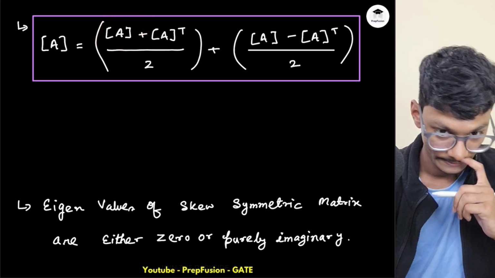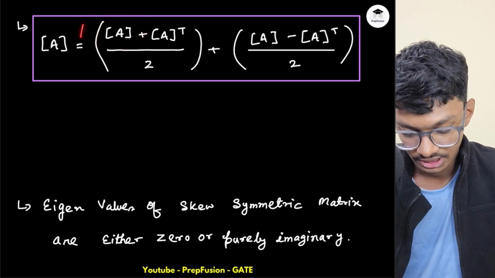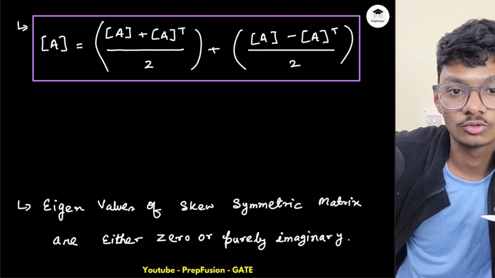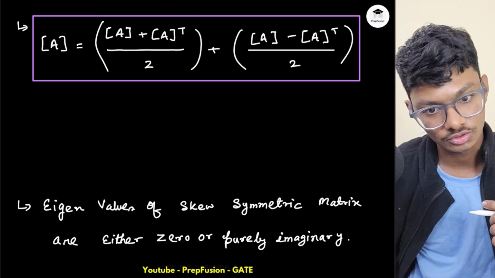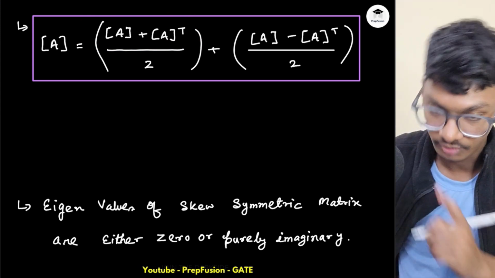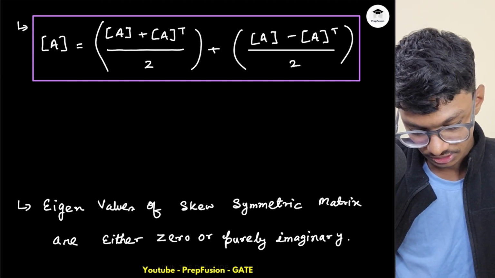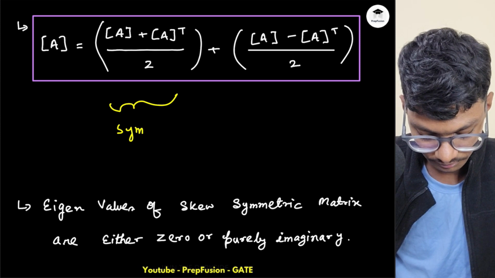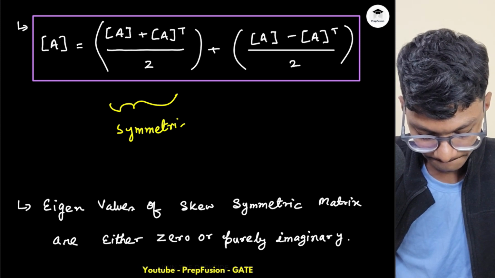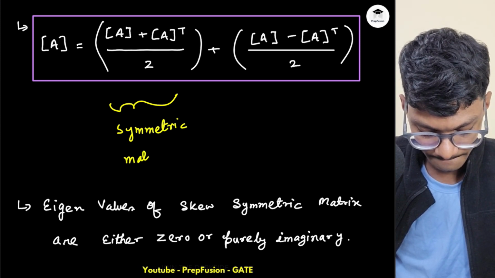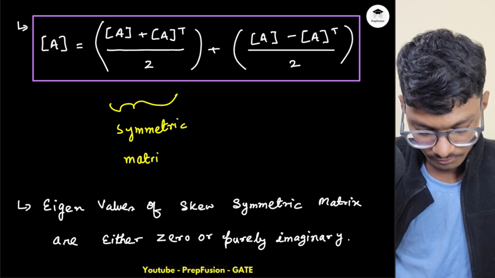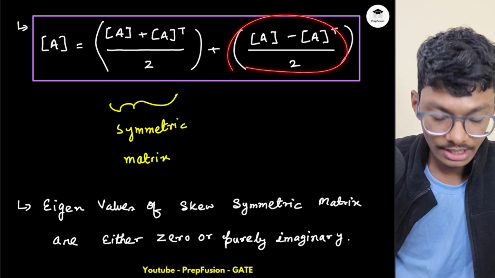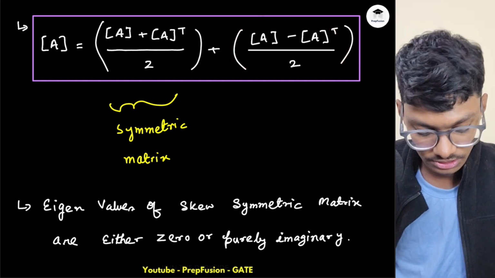But the interesting fact is that A plus A transpose is a symmetric matrix, as I've already written in the properties section, and A minus A transpose is a skew symmetric matrix.